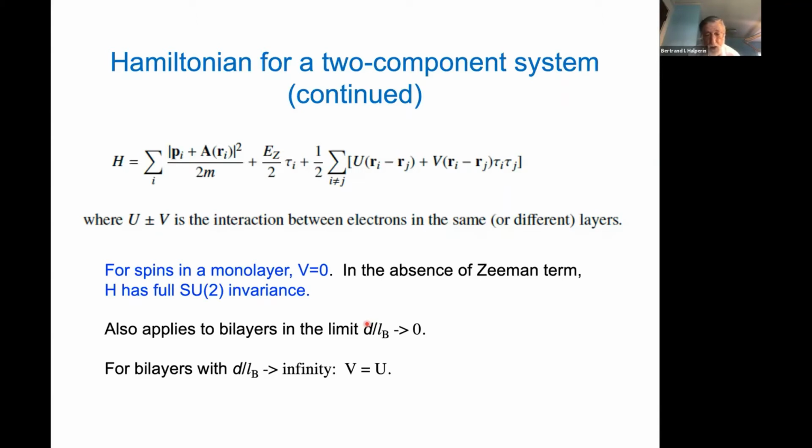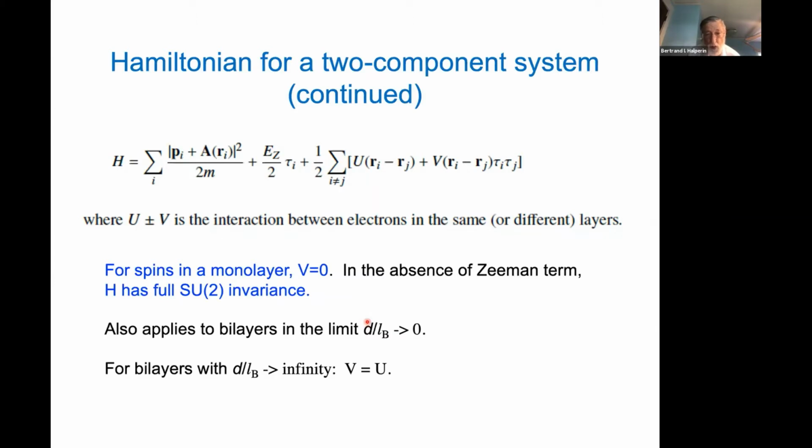And it also applies to the bilayer system if I take the limit where the distance between the layers divided by the magnetic length goes to 0. Again, then the Coulomb interaction, at least to a very large approximation, doesn't care which layer you're in. So again, you have essentially an SU2 invariance. But of course, as soon as you have a finite separation, then you destroy the SU2 invariance.